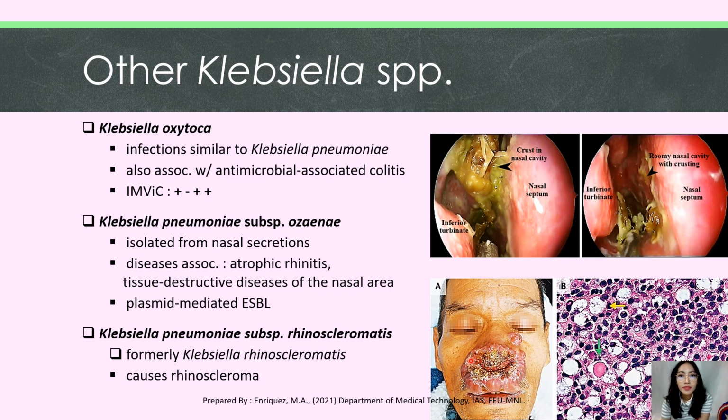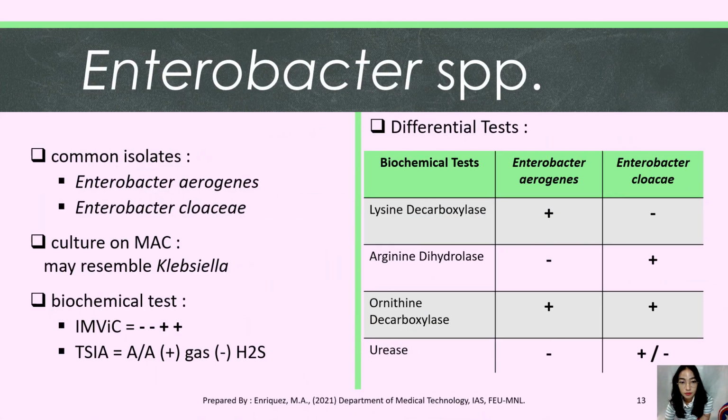So, upon histological examination, it revealed that there were foamy macrophages, and the culture of tissue fragments showed the presence of Klebsiella. So again, that was for Klebsiella pneumoniae, subspecies rhinoscleromatis.